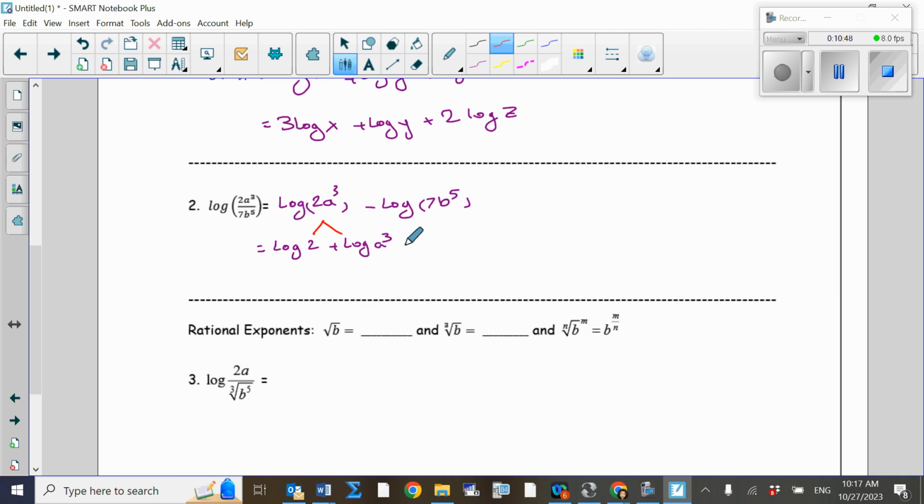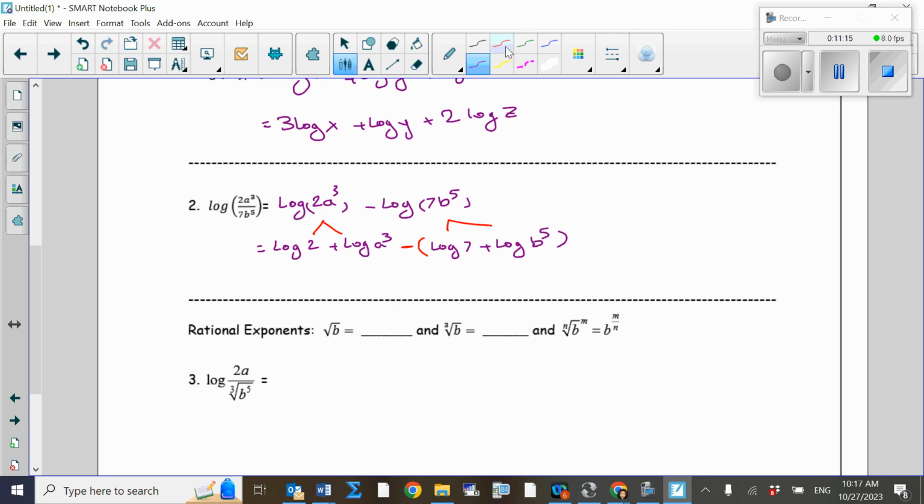Now the second one, again, could be expanded into two different logs because it's 7 times b to the 5. But I'm going to put the parenthesis here first because this negative belongs to this whole thing. So if this is expanded, the negative is behind the whole expanded term. So that's going to be log of 7 plus log of b to the power of 5.